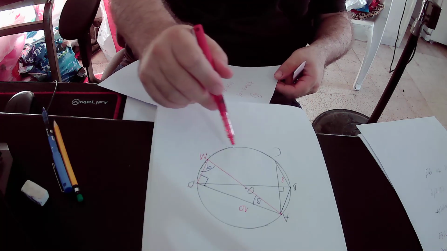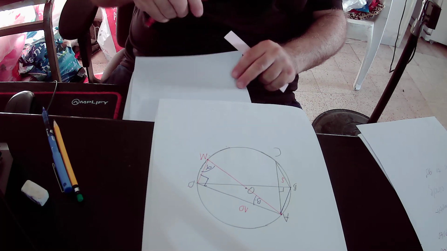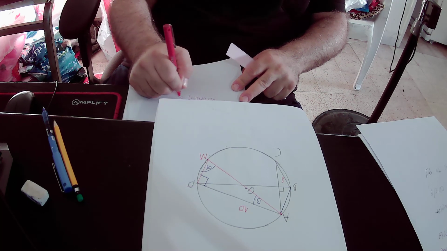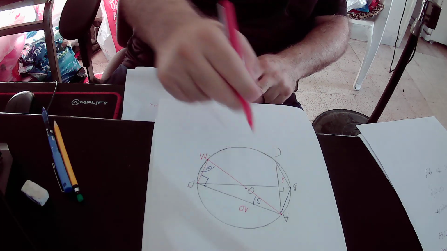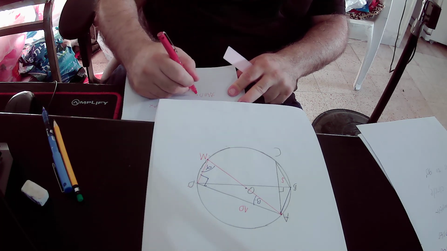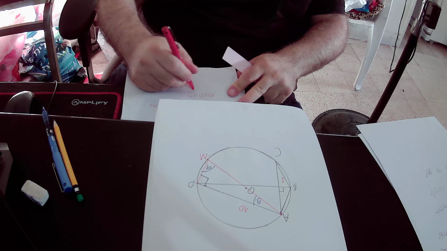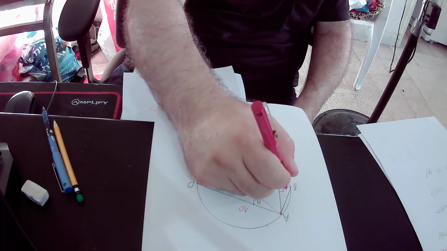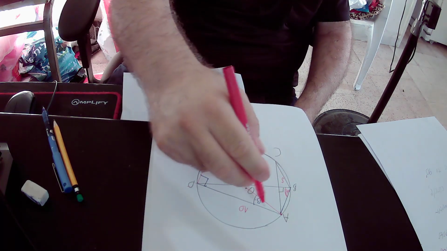So according to rule number 2, angle ABD also equals angle alpha, because they both rest on the same chord called AD.